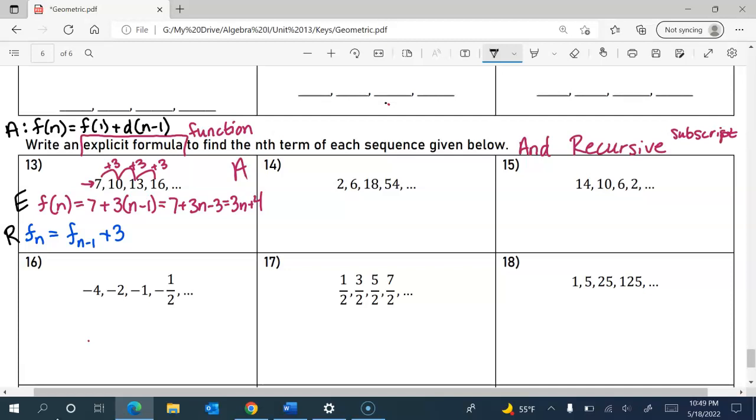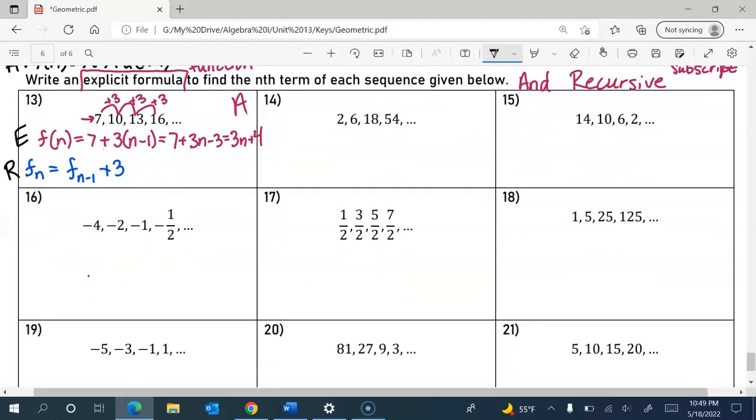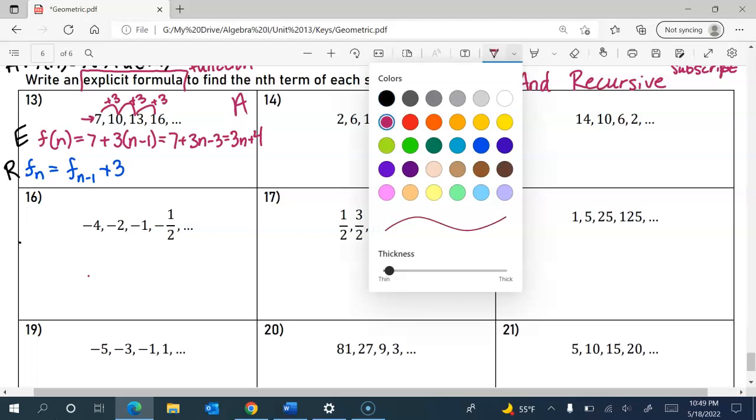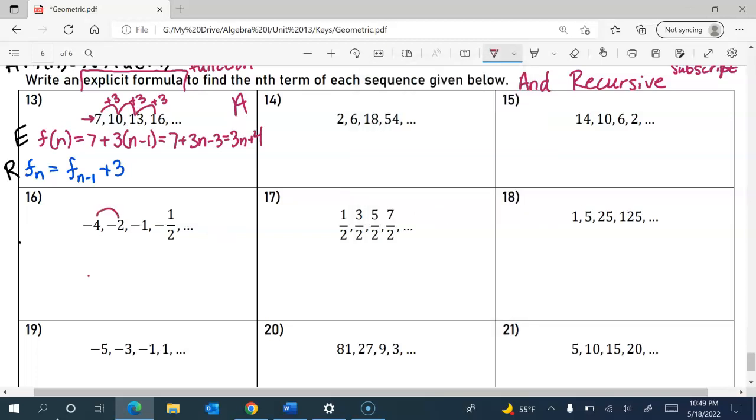Okay, let's find a fun one here. Let's look at 16. So we did an arithmetic one. You probably see where this is going. We're going to find a geometric one, right? So let's figure out, what am I doing to make these jumps here? When there's a fraction involved, like if I go from a whole number to a fraction, probably a good idea to at least check geometric.